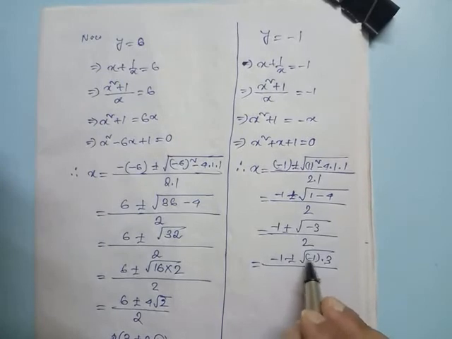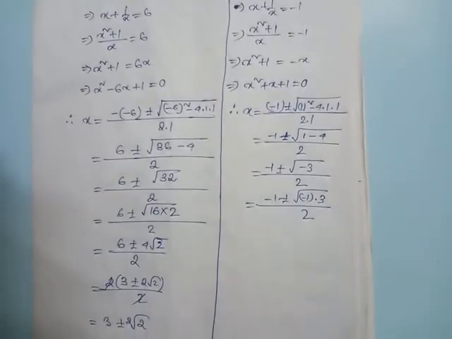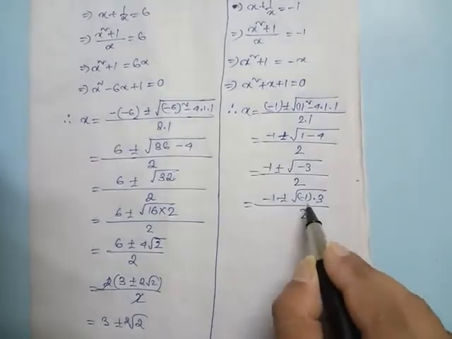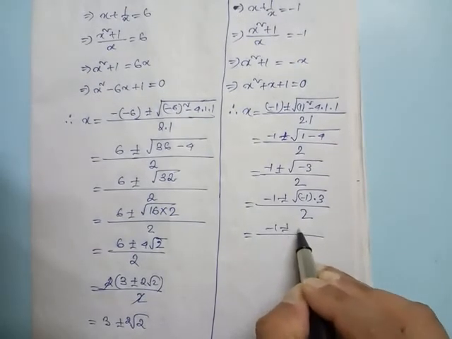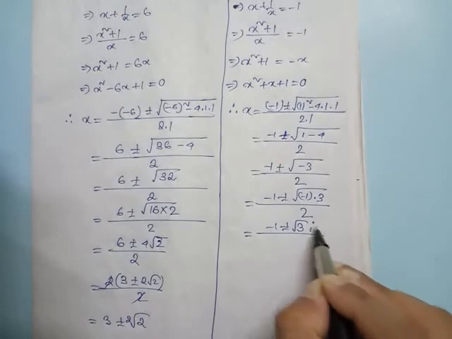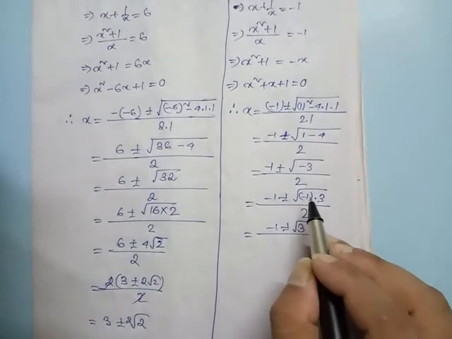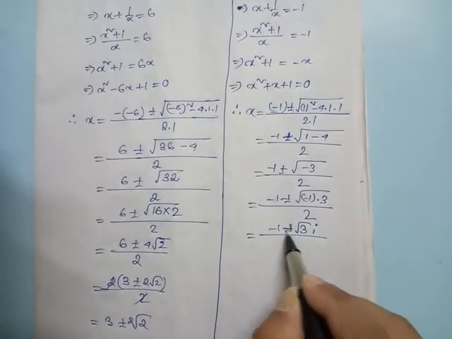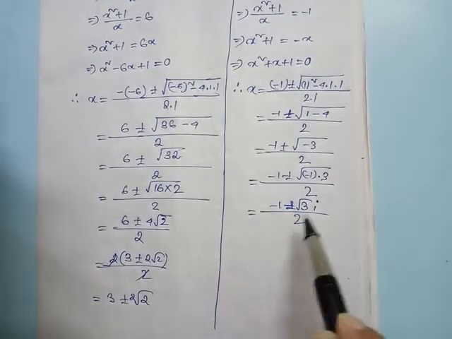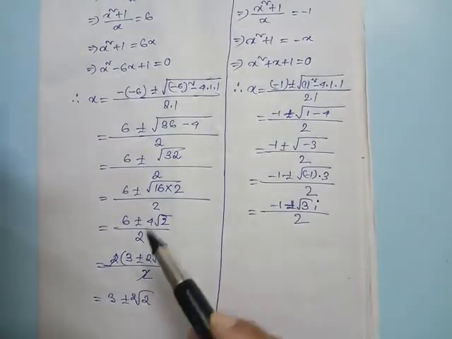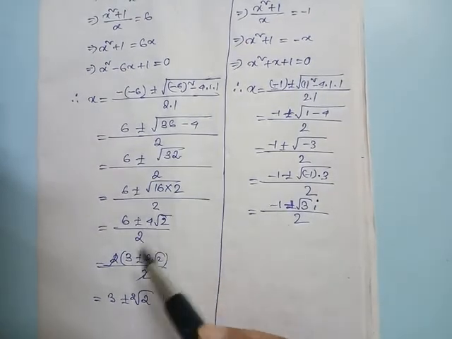Now inside the root, if there is −1, this is an imaginary number, so we'll use i. So −1 ± √3 i, where i means root over −1, by 2. This is the value of x here for the second case. This is the value of x for the first case.